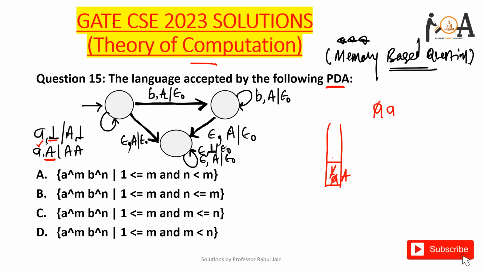In that case, if the top of stack is capital A, I can add as many a as I want, and if I want to replace it, I can replace it using capital A.